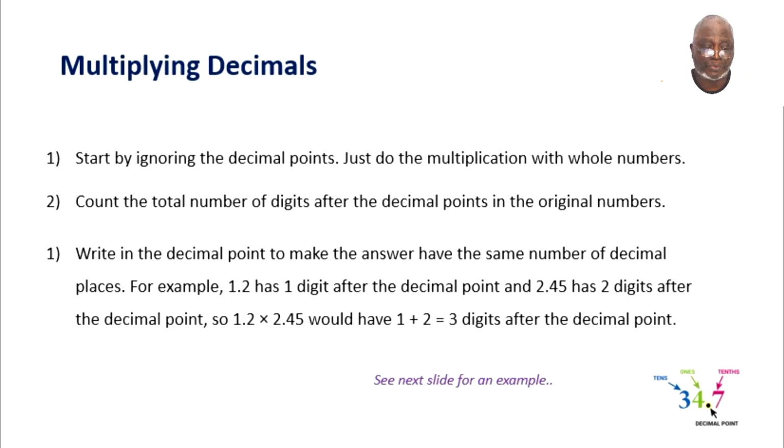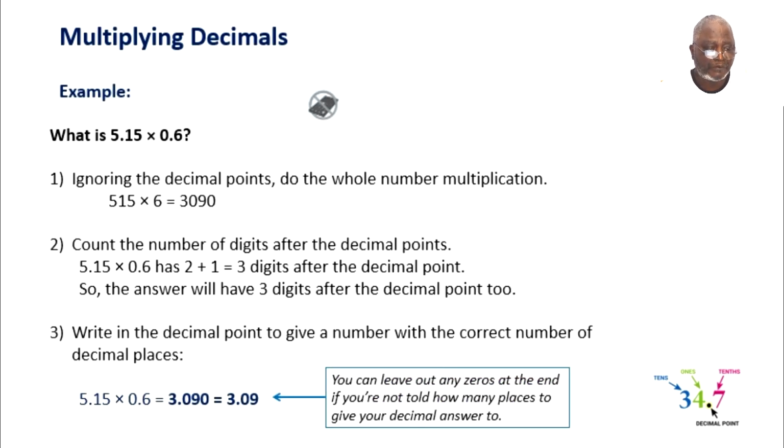Let's look at an example. What is 5.15 times 0.6? How many digits do we have? 5.15 has 2 decimal digits, and then 0.6 has 1 decimal digit, so you have 3. Let's see whether I'm right. Ignoring the decimal points, do the whole number multiplication. 515 times 6 is equal to 3090.